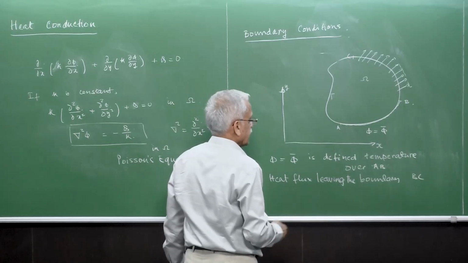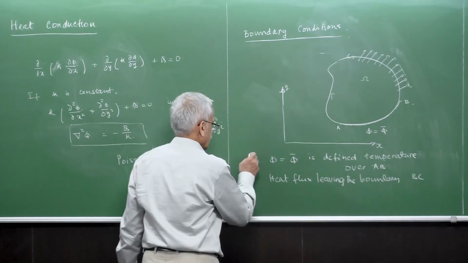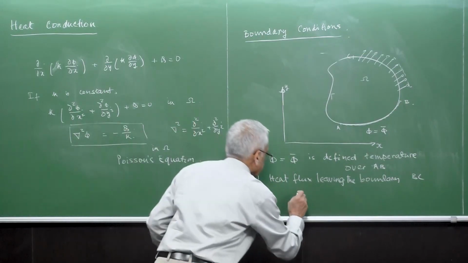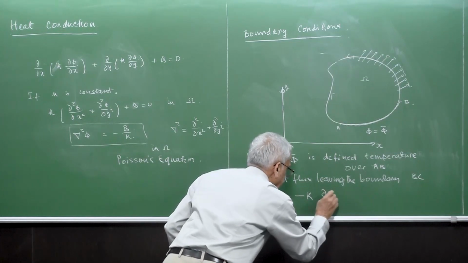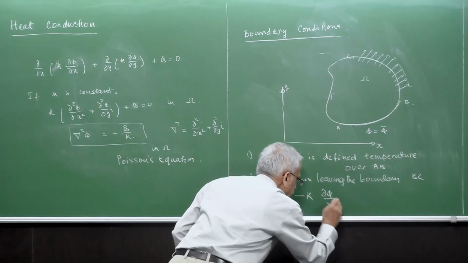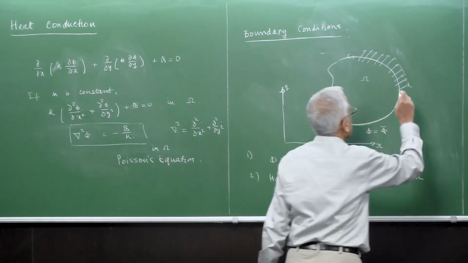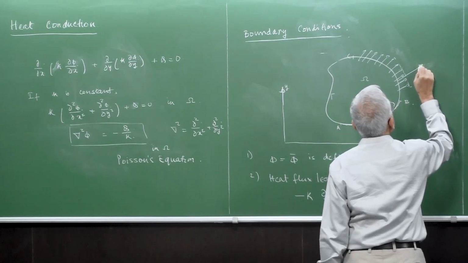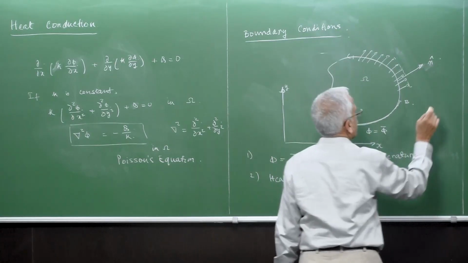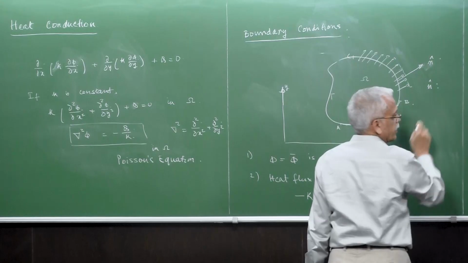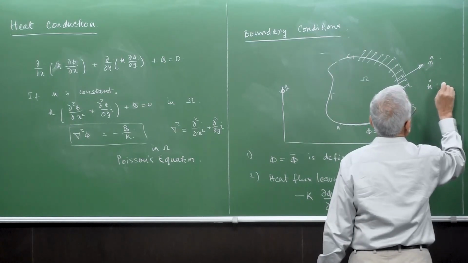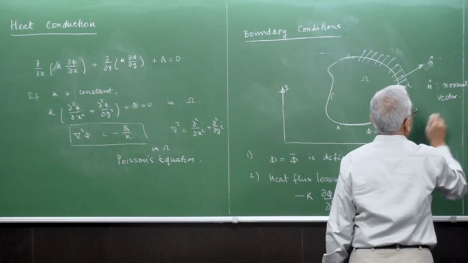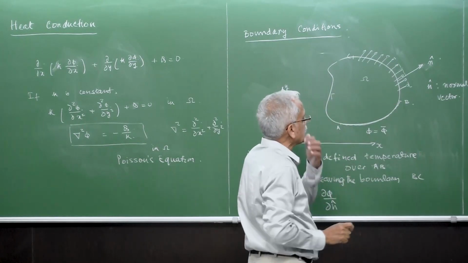Which we represent in mathematical terms as, if you recall, a minus K, and here we write dou phi by dou n. So what is n here? n is an outer normal vector to the boundary.